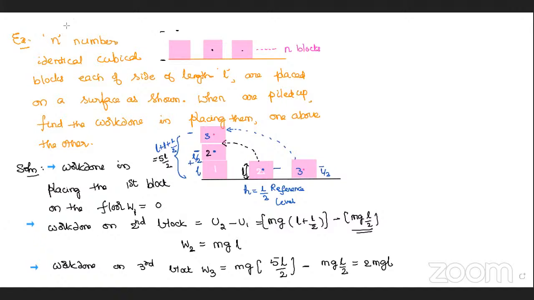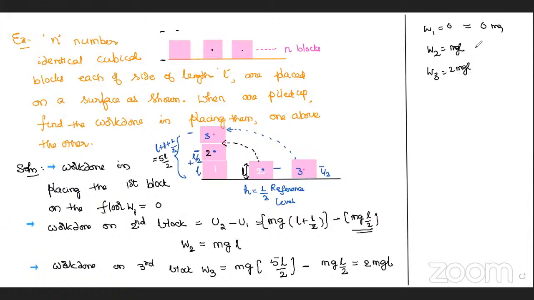So I think now you can catch one point here. Observe: W1, I got 0. W2, I got mgL. W3, I got 2mgL. They appear like 0 mgL, 1 mgL, 2 mgL, and likewise so on.